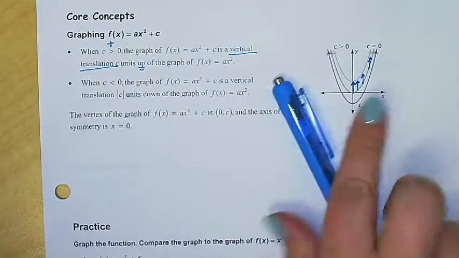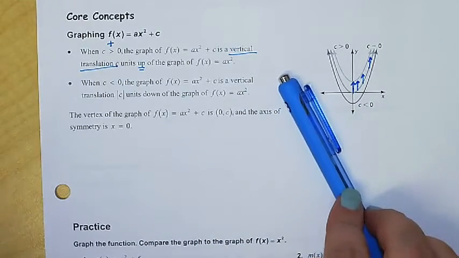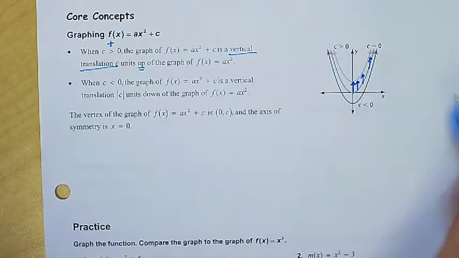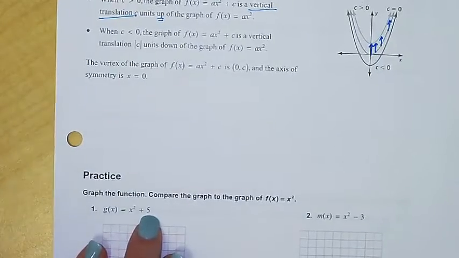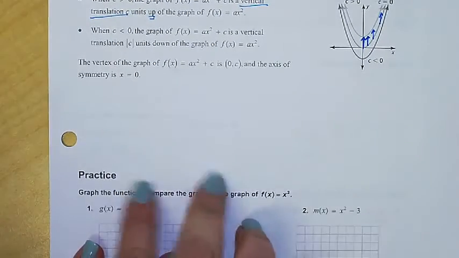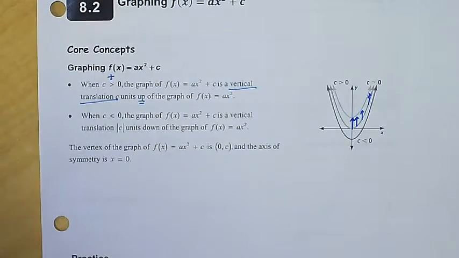The entire graph just slides. It doesn't affect the size, the shape. It literally just slides it upward that many units. So if it was plus 5, this would be basically the parent function, but just translated 5 units up. So every point is going to shift 5 units up.